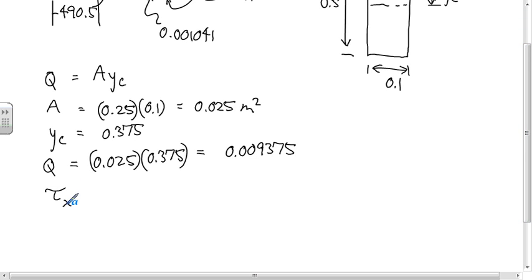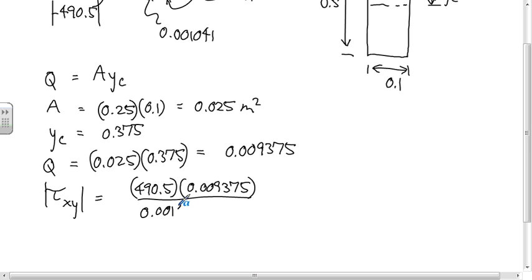So the absolute value of this shear stress is equal to 490.5 times 0.009375 divided by I, which is 0.001041, times B, which is 0.1. And what do you get for that?